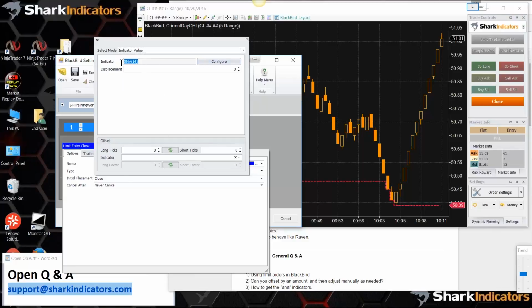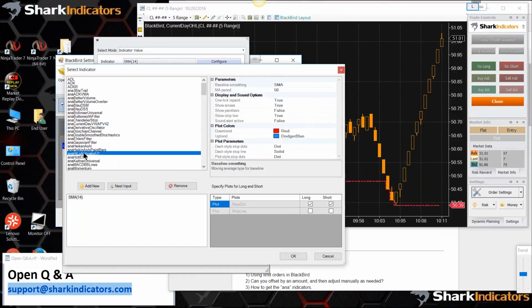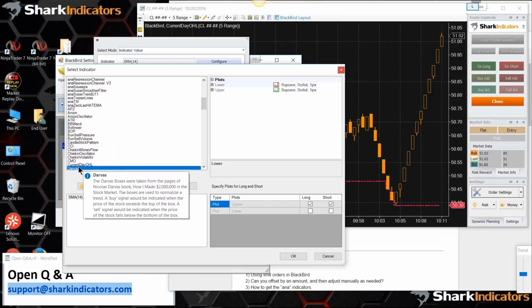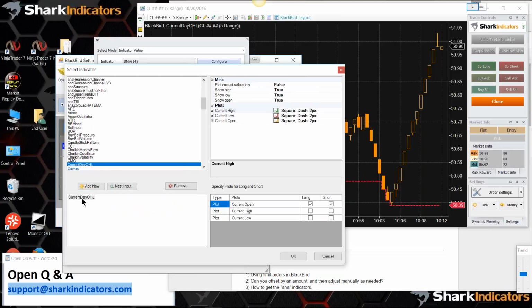So, all right, let's go in here. Let's replace the SMA with the correct indicator. This is the one that we're using. This tracks the current day's open, high, and low prices.